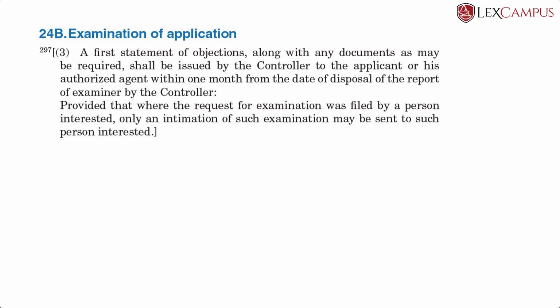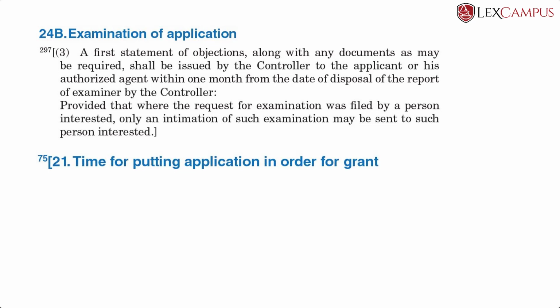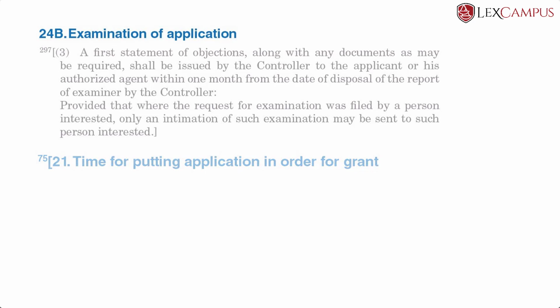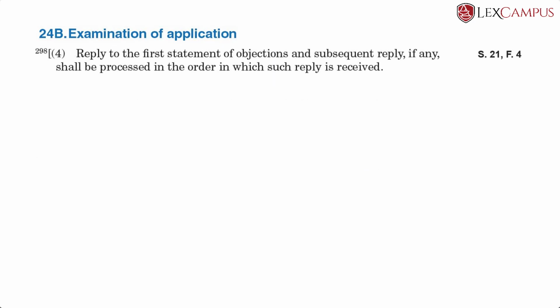We get this from the language of section 21, and when we deal with section 21 we will see the difference between instances where something is deemed to be withdrawn and instances where something is deemed to be abandoned.